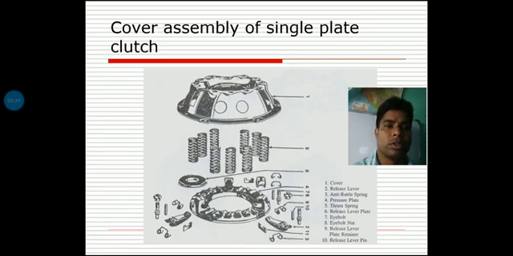These are the fundamental classifications and the simple mechanism of the single plate clutch. If we do not cover the single plate clutch design, we cannot go through the multiple clutch design, cone clutch design or any type of centrifugal clutch design. That's why we first covered the basic idea of the single plate clutch, and then the multiple clutch.